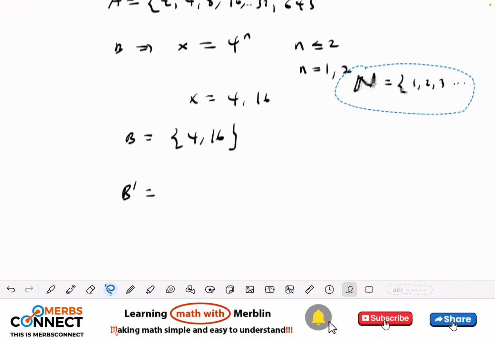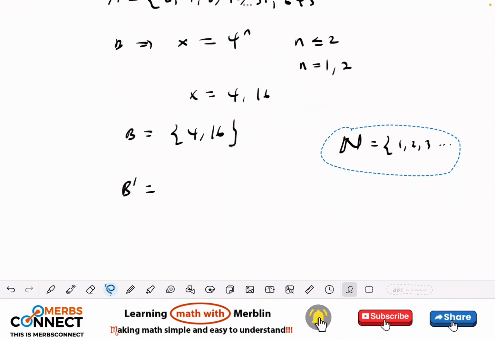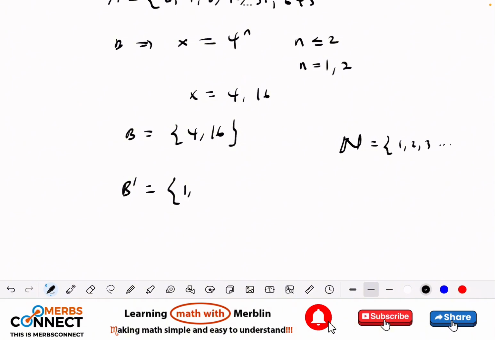That is the natural numbers that are not in B. So what are we going to get? We are going to have 1, 2, 3, 4 is here, so we are not going to pick 4. Then we are going to have 5, 6 up to 15. Then we don't need 16 because 16 is there. Pick 17, 18, and it just keeps going.